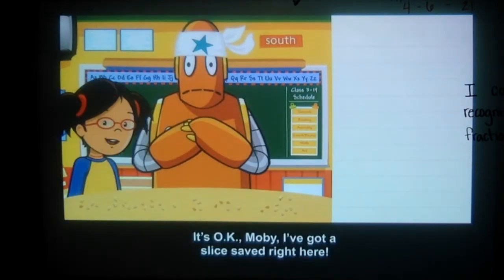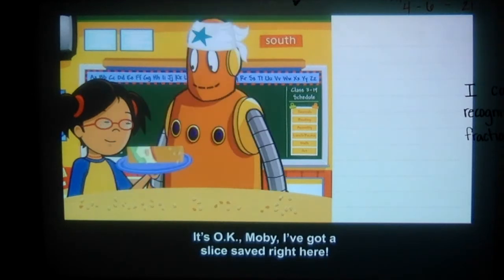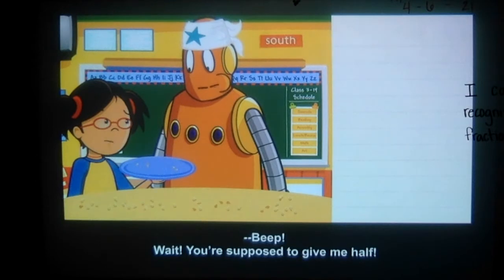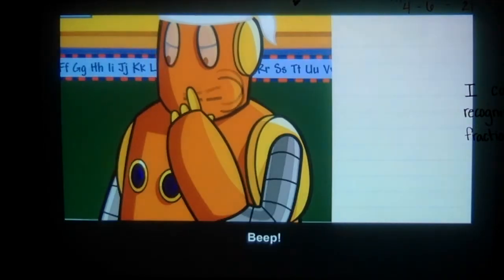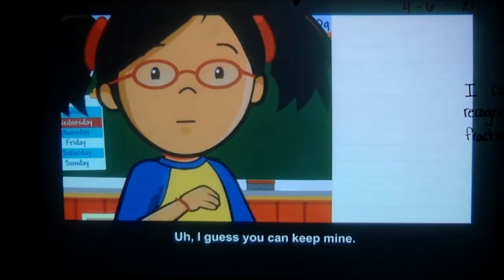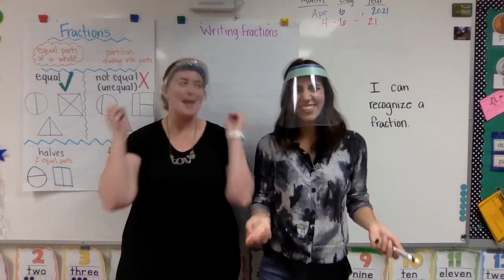It's okay, Moby. I've got a slice saved right here. Wait, you're supposed to give me half. I guess you can keep mine. My brain popped.